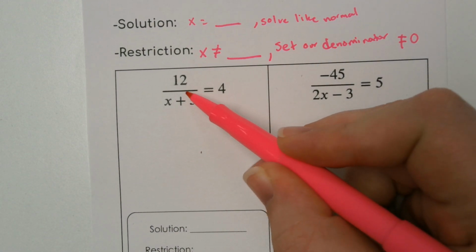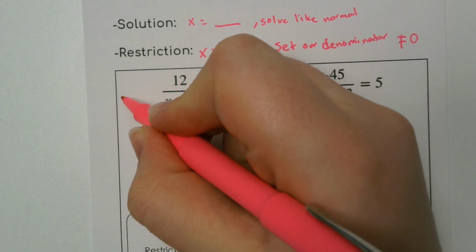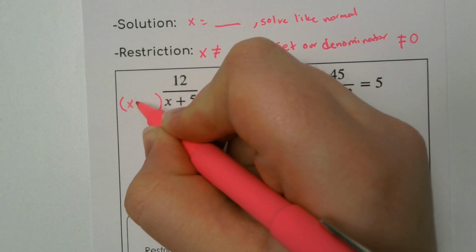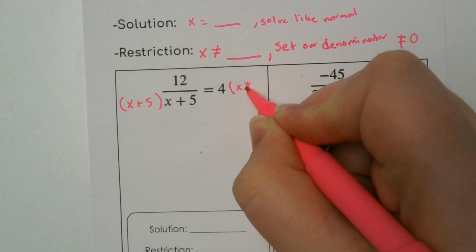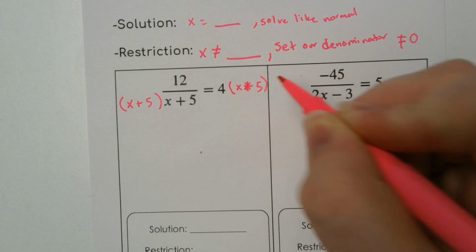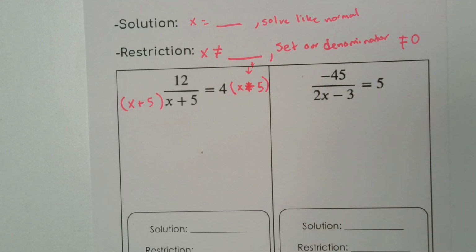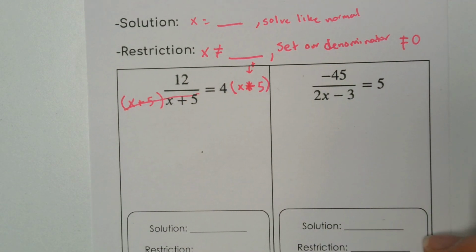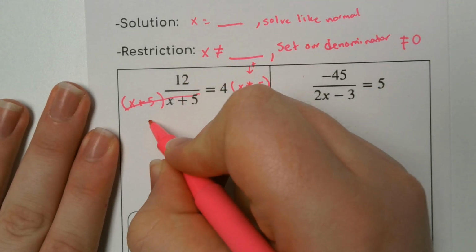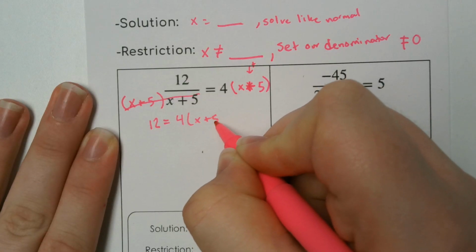So in order to get rid of division, what do we do? Yes. So in order to get rid of division, we are going to multiply by our denominator first. So we're multiplying by x plus 5. Because we are dividing and multiplying, it cancels out on the left side. So we're left with 12 equals 4 parentheses x plus 5.